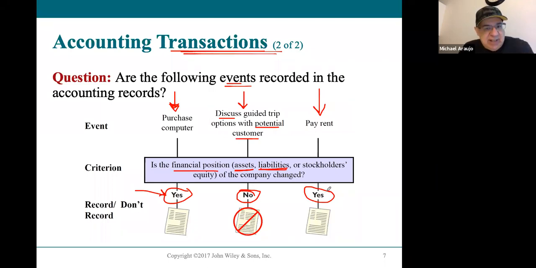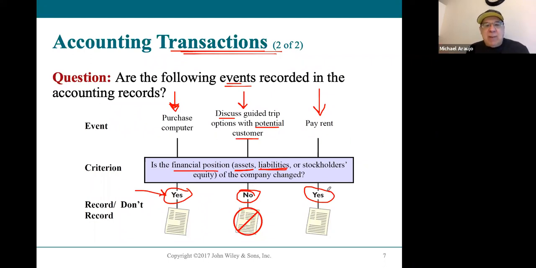So you're going to have less cash when you pay rent. Anytime you pay a bill, your rent, your salaries and wages, utilities, you're paying it in cash because people don't want anything else.